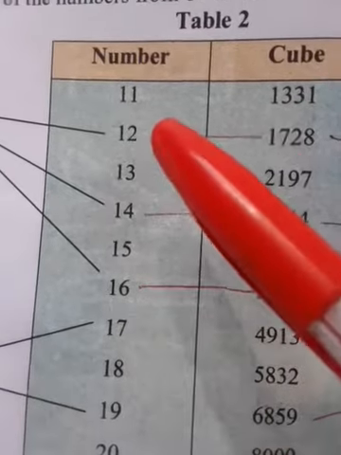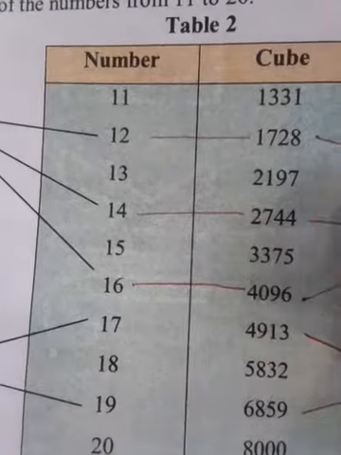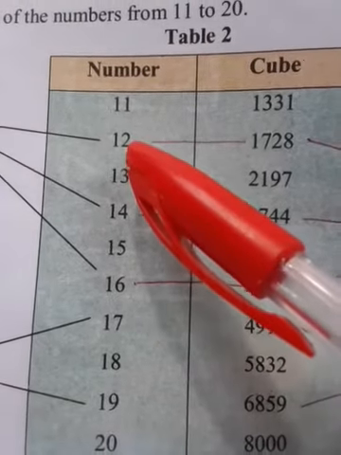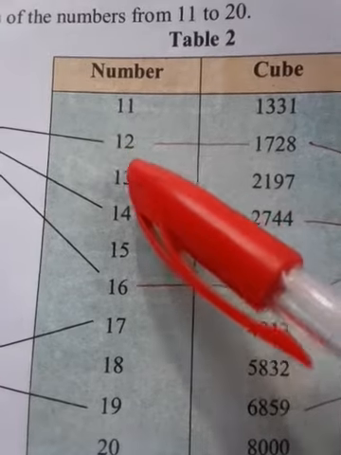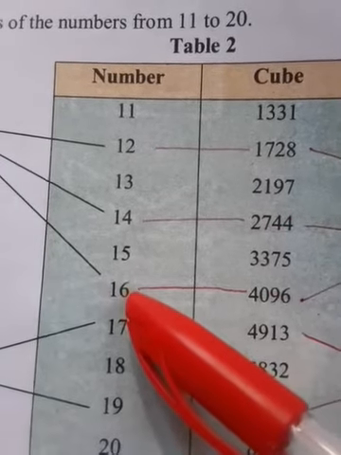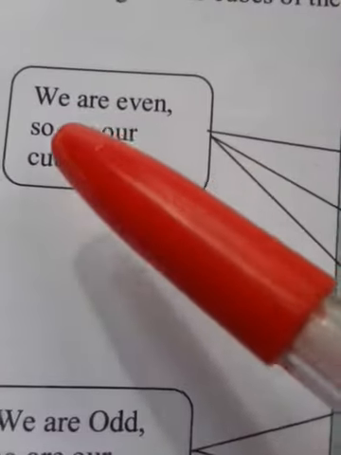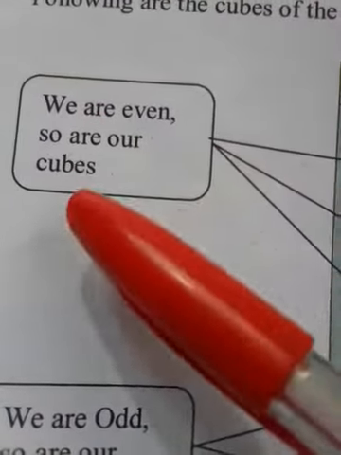Now look at this table. There are some numbers and there are their cubes. There are mentioned three numbers, 12, 14 and 16. These three numbers are even numbers.